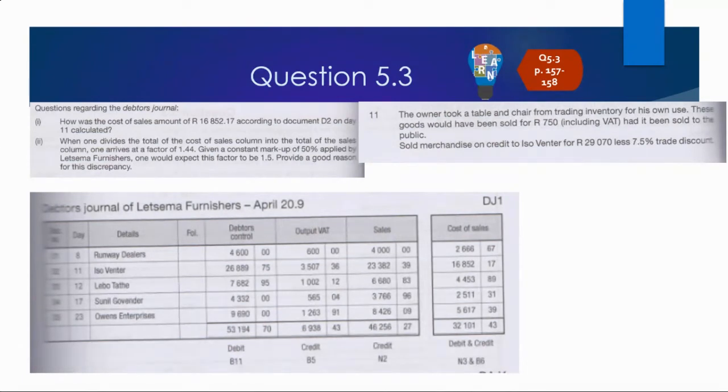Okay, so if my cost of sales is based on an amount before trade discount, what amount was before trade discount in this scenario? Just type in the answer for me in the chat function. What amount represents a value before trade discount based on what they've given you?